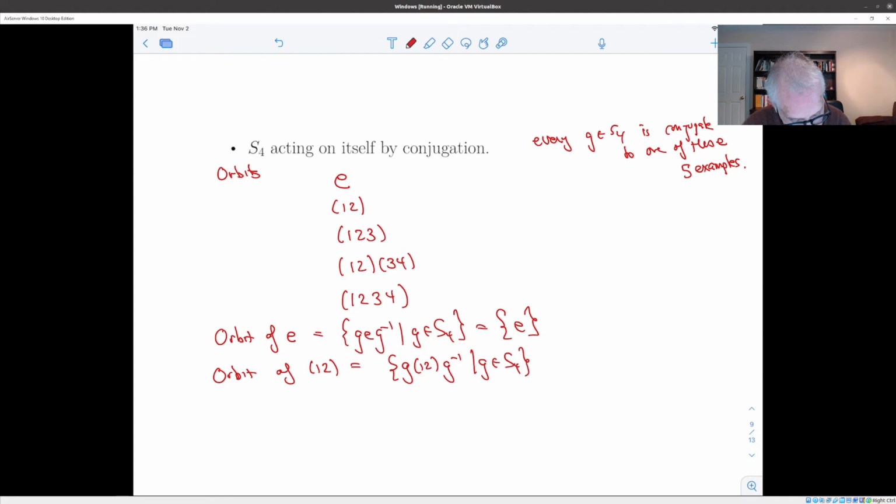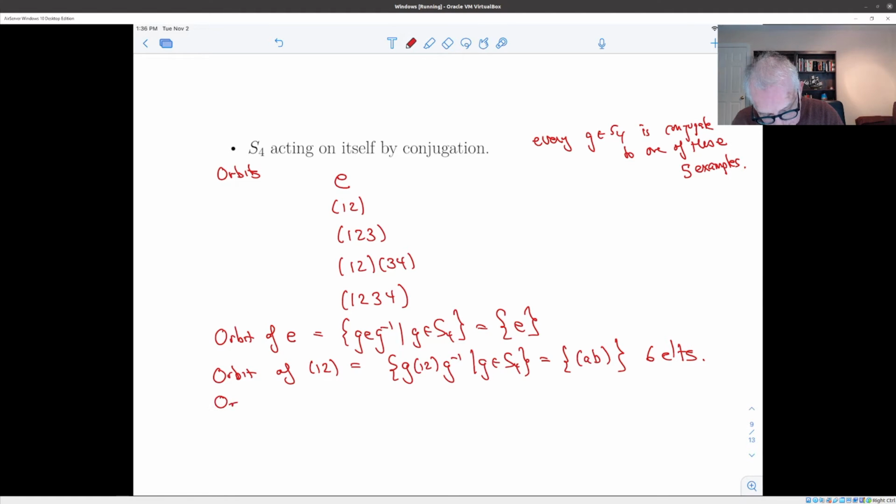And that's the collection of things whose cycle decomposition is (a b). And how many of those are there? Well, we did this calculation once. Basically, you can choose 2 elements out of the 4. There are 6 ways to choose these 2 elements: (1 2), (1 3), (1 4), (2 3), (2 4), (3 4). Those are the 6. So this orbit has 6 elements.